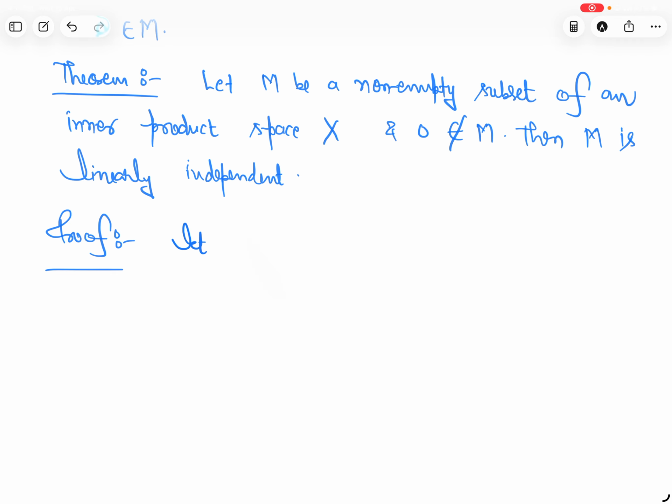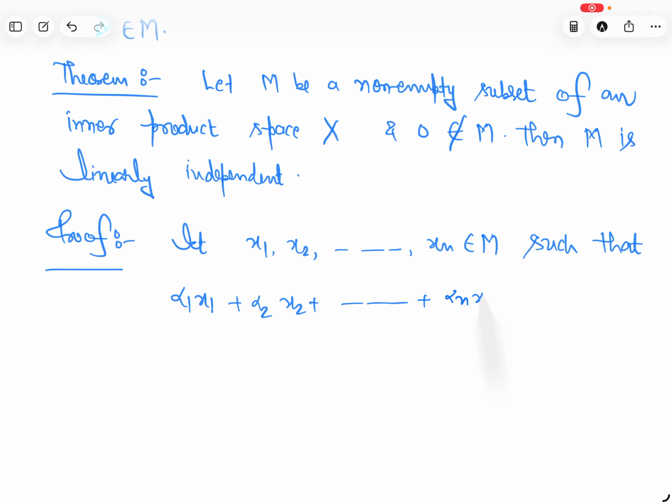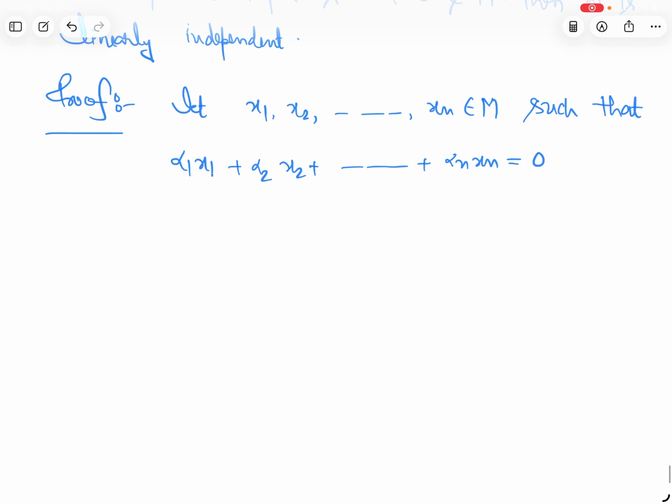Let x1, x2, ..., xn belong to M such that alpha 1 x1 plus alpha 2 x2 up to alpha n xn is 0. Okay.